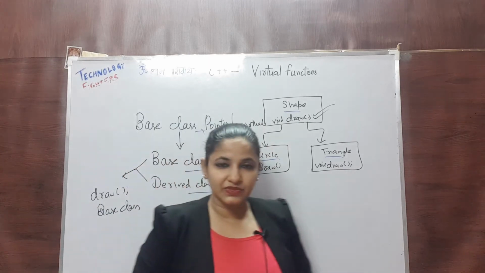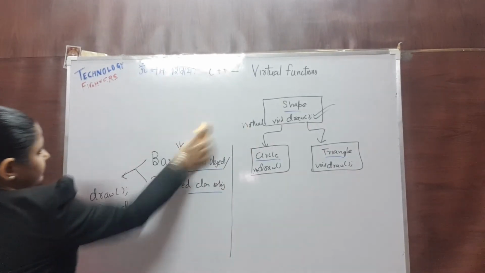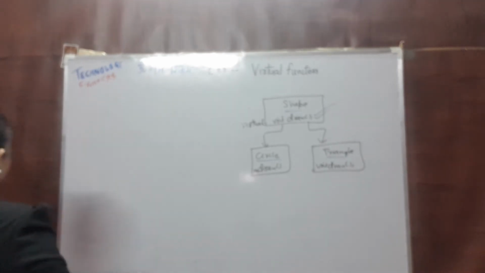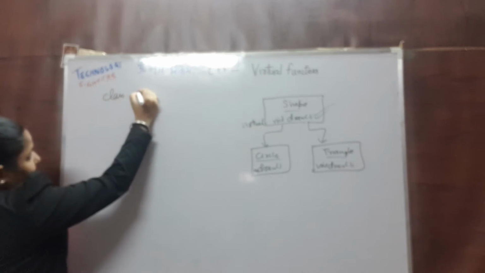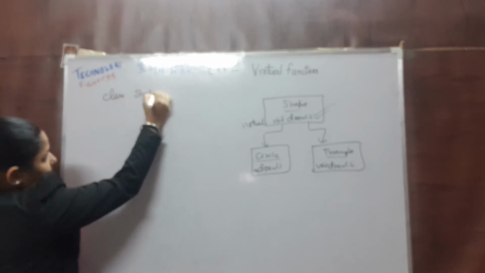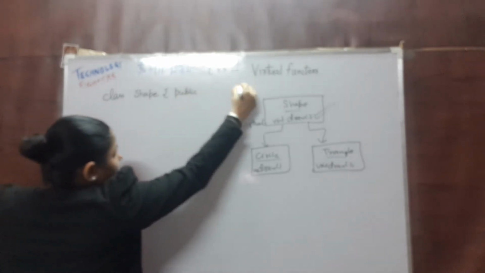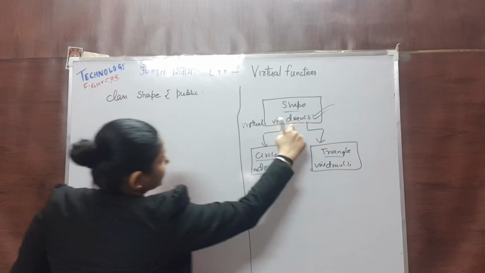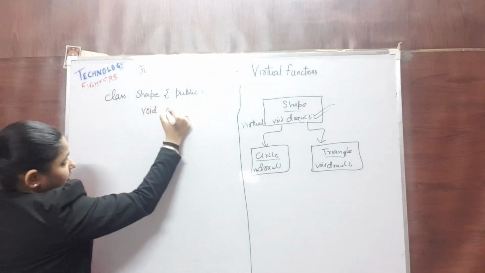So let's see this with a simple coding. Firstly, we have one class Shape. In the public section, I have one draw function. The signature is void draw.